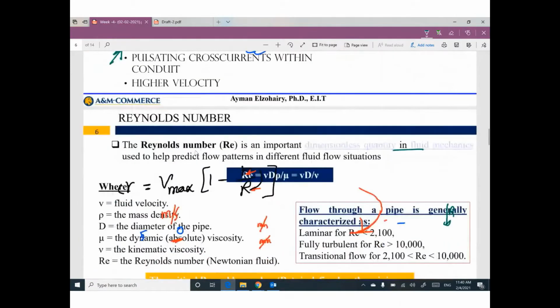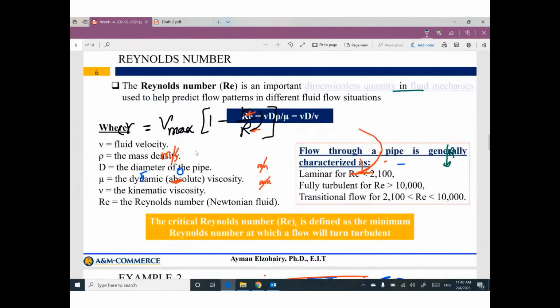And we also covered a term called Reynolds number. This number will help us figure out the type of the flow. If the value of this number is smaller than 2100, you are talking about laminar flow. If this number is greater than 10,000, that means we have fully turbulent flow. If this number is in between, we have transitional flow.